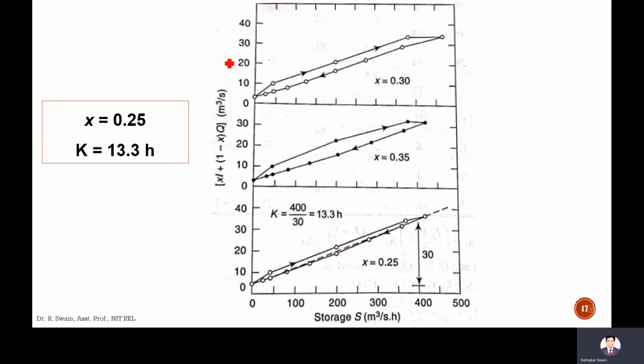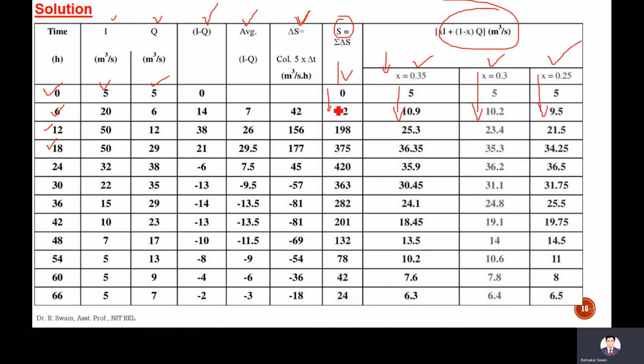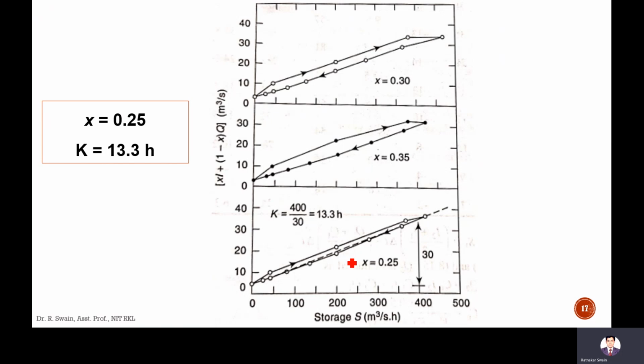On the y-axis it has taken x I plus (1 minus x) Q, and on the x-axis the storage value. Next, for x equal to 0.25, the curve is plotted between this data and this data. Here it is approximately a straight line.